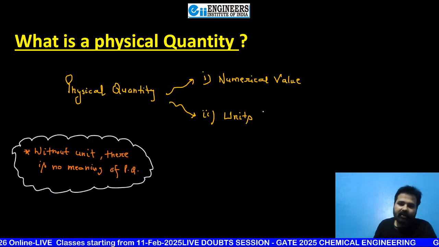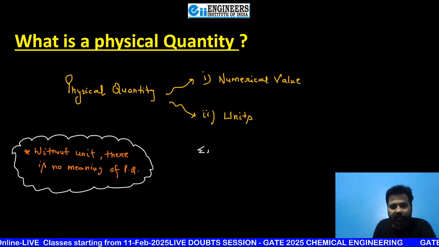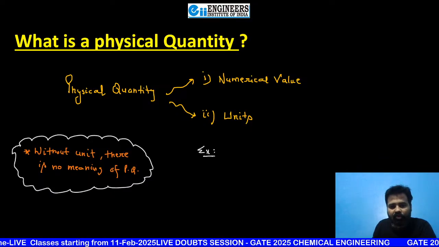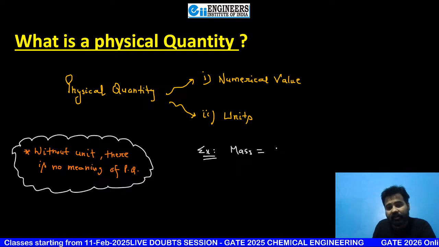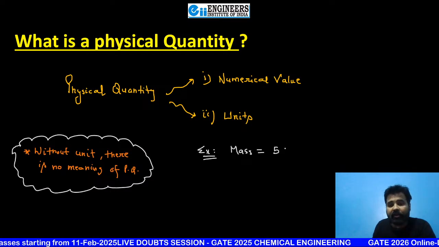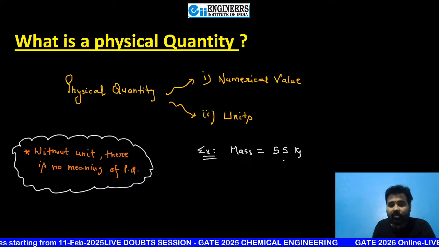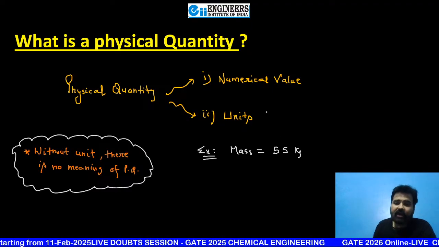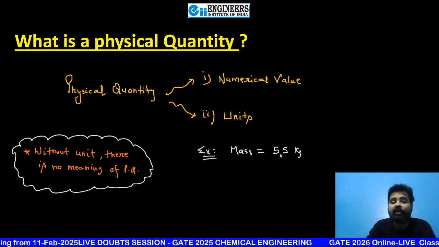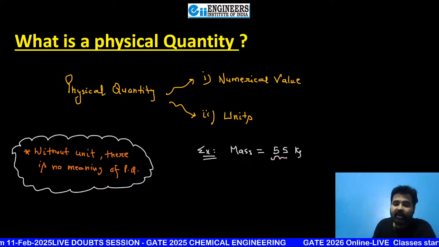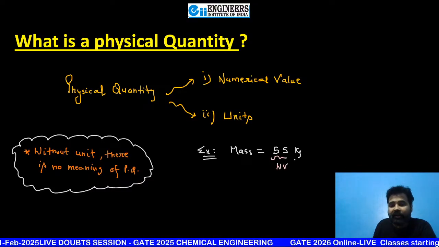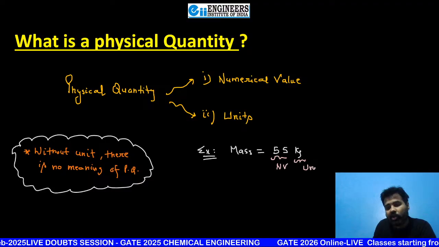For example, suppose mass is given and I'm writing 55 kg. Out of this 55 kg, the 55 is my numerical value, and the kilogram is my unit.